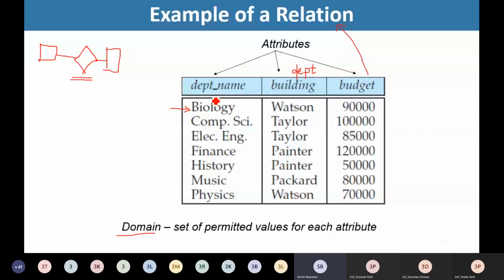Obviously, the values we have assigned to these respective attributes are from those respective domains, right? May I proceed? Yes. Yes, ma'am.